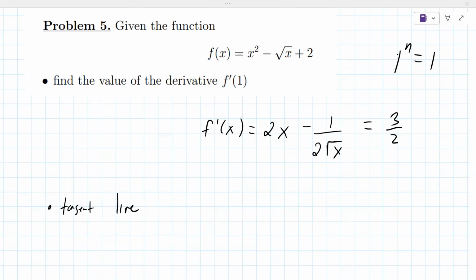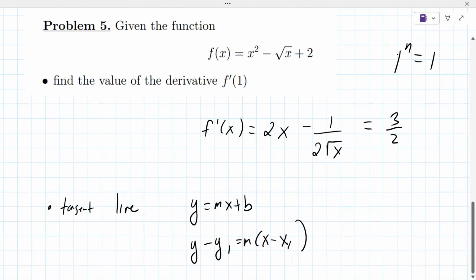This is not the best option, but this should be the most familiar. The best option is point slope form because you can have a point. Your point you would get by putting x into this equation to get y. Then you've got an x1 and a y1. You already have the slope. The slope is 3/2.